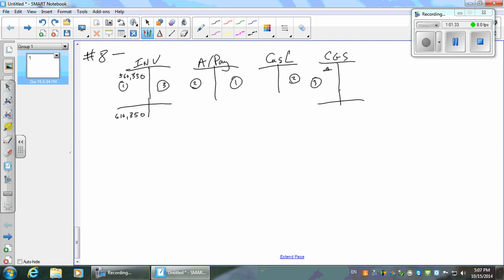Writing down everything I know and solving for what I don't know. You ever heard me say that? It's just analytics. That's all we're doing. Trade accounts payable, what did it start at? 85,800. And it ends up at 90,500.